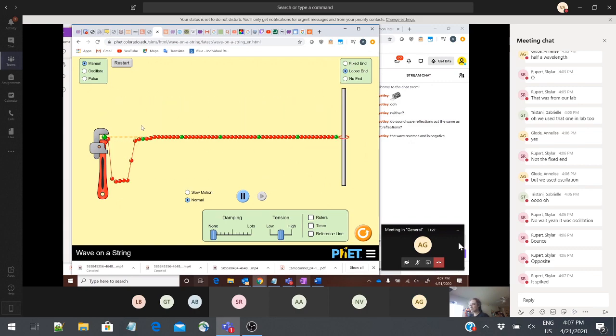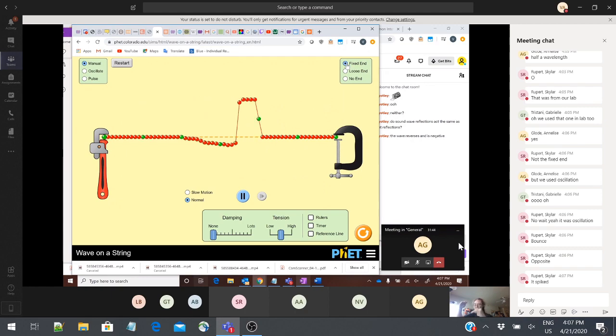You have the one that's going to the right and the one that's being reflected at the same point. So you get a double crest right there, and you get a double trough while it's being reflected. Whereas if the end is fixed, your crest is being reflected as a trough, and so this point, this green ball, never moves.